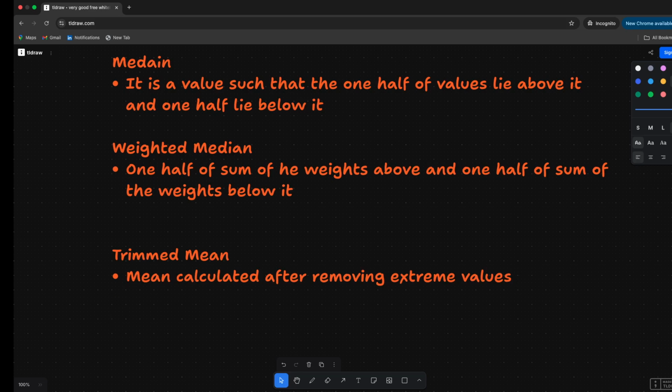Then we have something called an outlier, also called an extreme value.